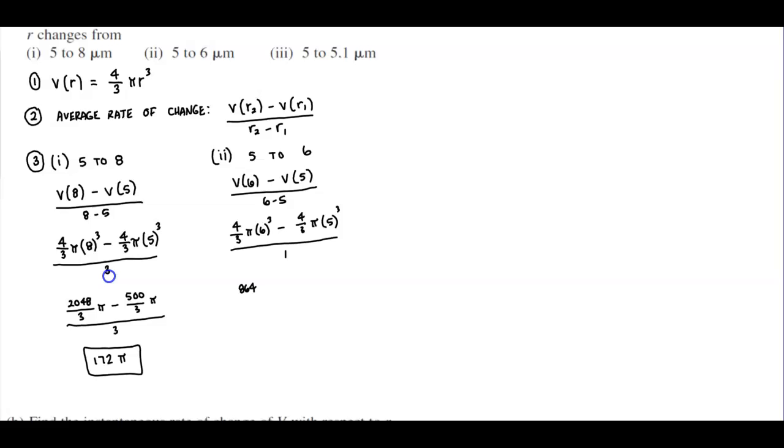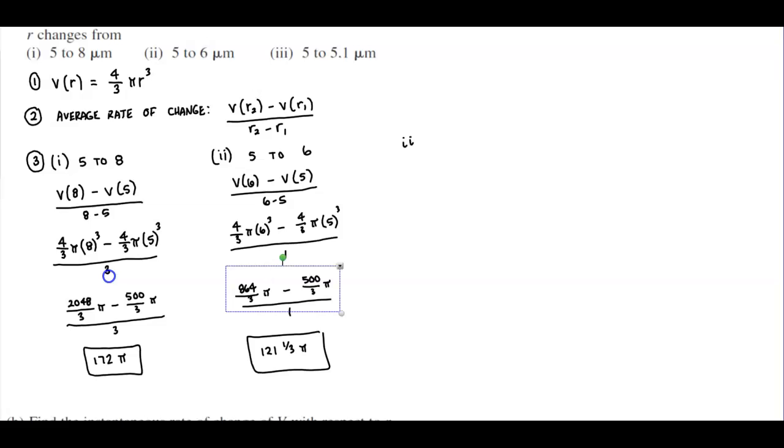And so we get 864 over 3 pi minus 500 over 3 pi, and we're dividing that by 1. So we end up getting 121 and 1/3 pi.